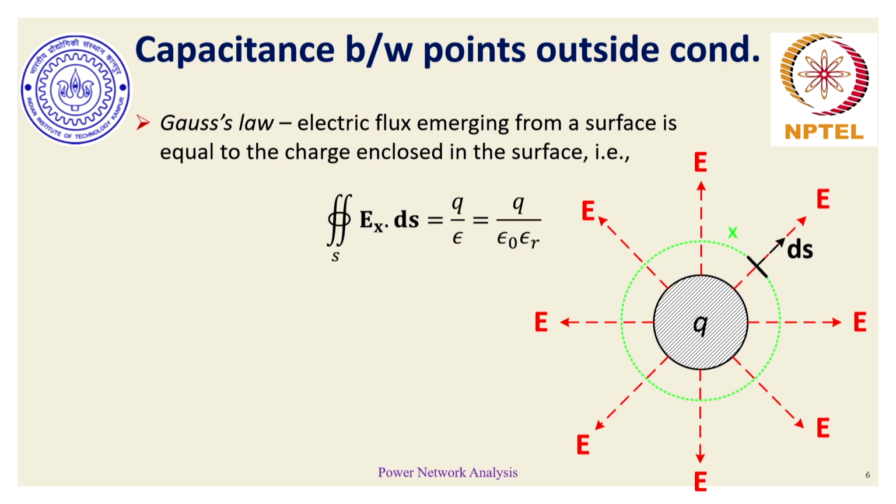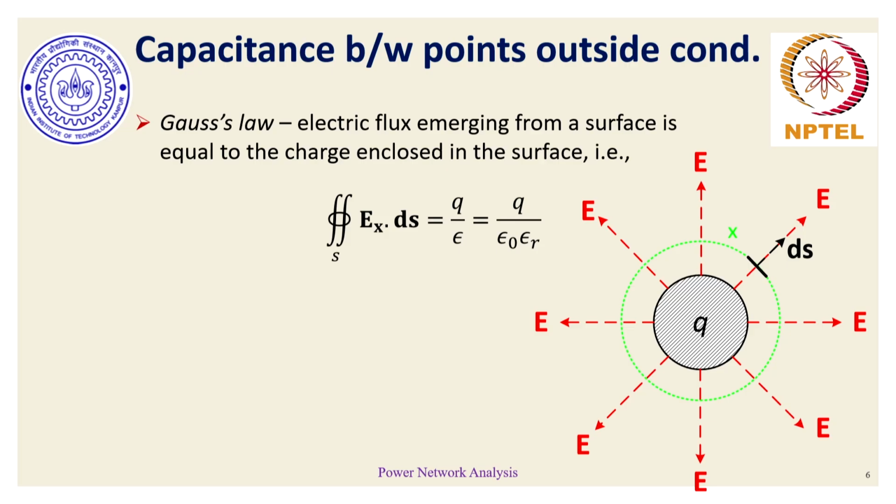Gauss's law, where the law says that across a surface, if one has to figure out the net electric flux which is emerging out of the surface, assuming that the surface is residing some charged conductor inside it, the surface itself need not be charged, but there is some charged body inside that particular surface along which this electric field line or flux line is to be considered.